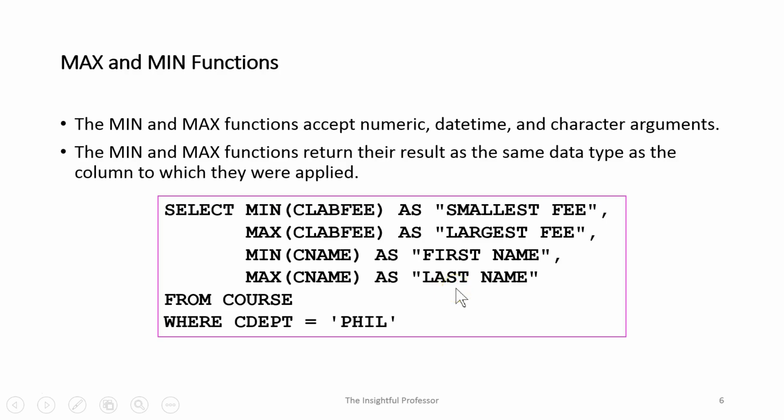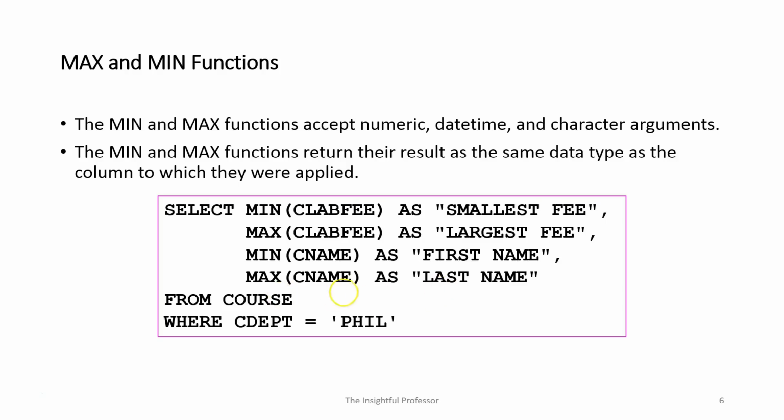Remember in the example when we were talking about using a relational operator of greater than back in an earlier video, and we talked about CNAME greater than hedonism. Well, we weren't saying we're looking for a course name that is actually superior in some way to this particular name, but lexicographically, or alphabetically, or in dictionary order, what follows hedonism?